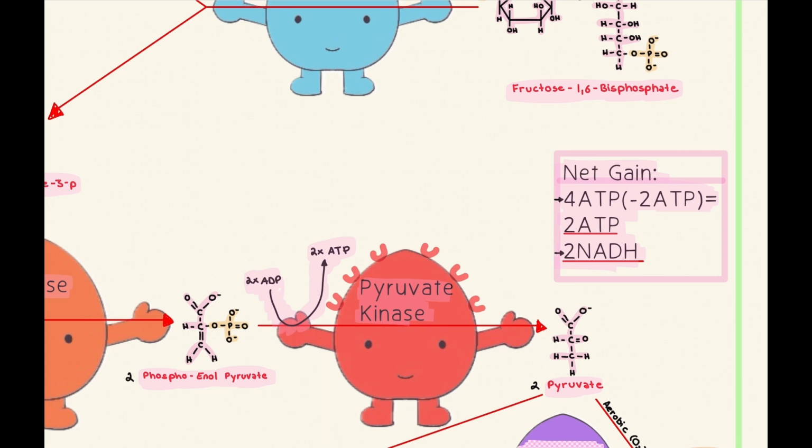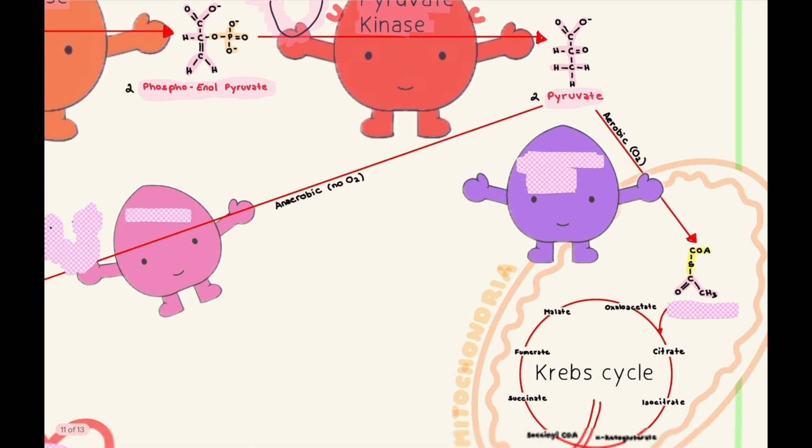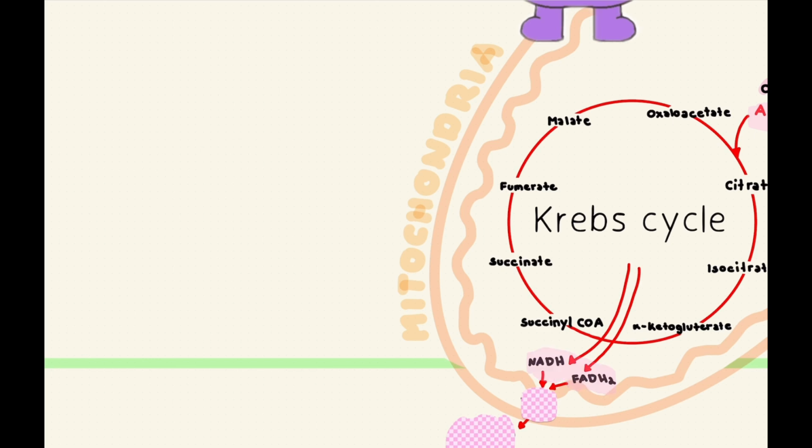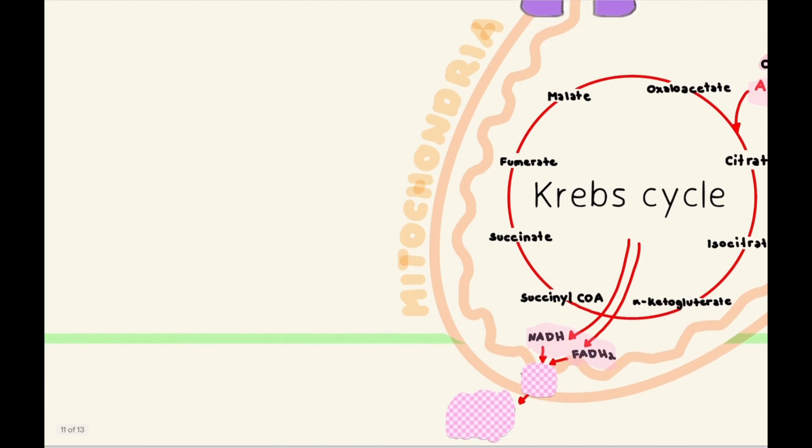Under aerobic conditions, meaning where O2 oxygen is present, pyruvate can enter the mitochondria and can be converted by the pyruvate dehydrogenase complex into acetyl-CoA. And acetyl-CoA can be incorporated into the Krebs cycle, or also called Calvin cycle, which will ultimately produce NADH and FADH, which will lead to the production of ATP in the electron transport chain.